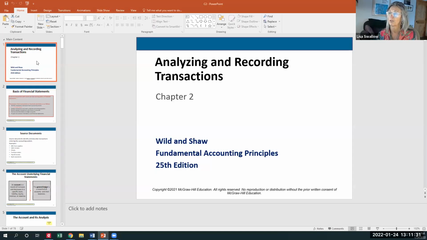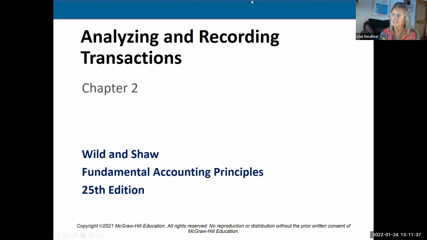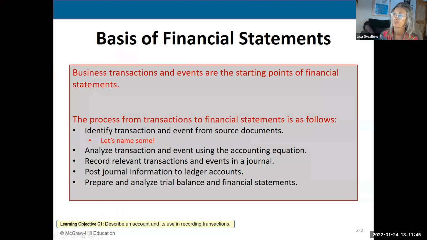So what we're going to be doing today is moving on from that discussion to a more thorough discussion of how we actually use our accounting system to not only analyze, but to record the transactions.